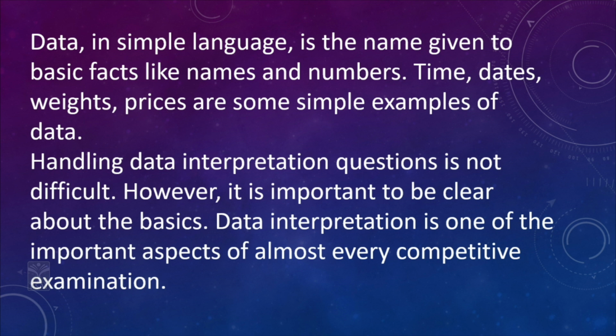Raw data is data with nothing arranged, neither in ascending order nor descending order, not tabulated; we just collected the data after gathering the information. When you make it into a frequency table, a graph, or a chart, that is called grouped data.